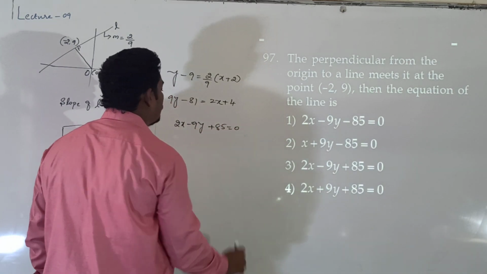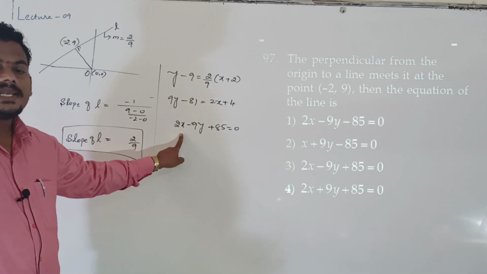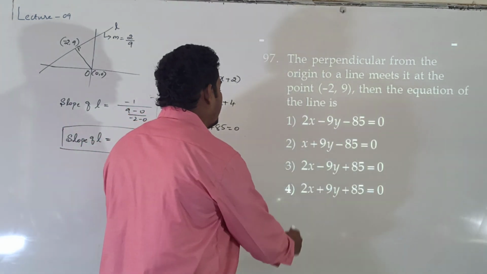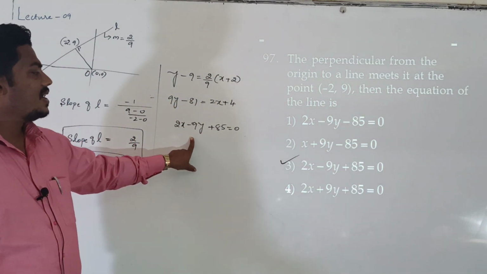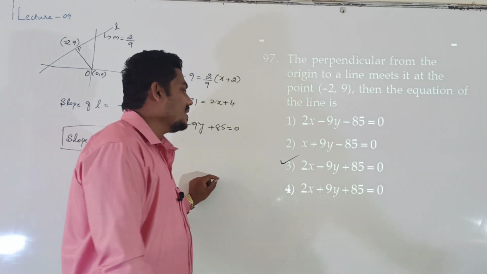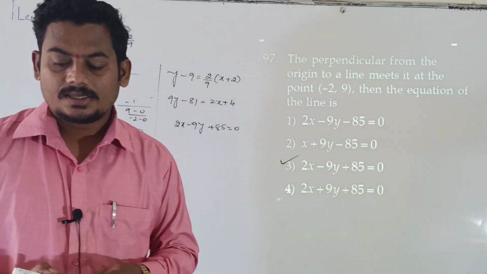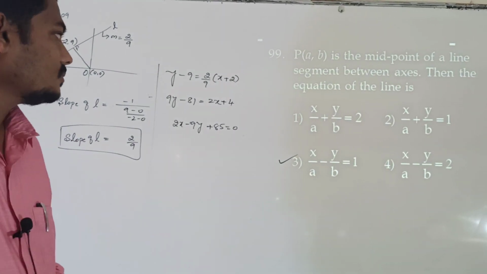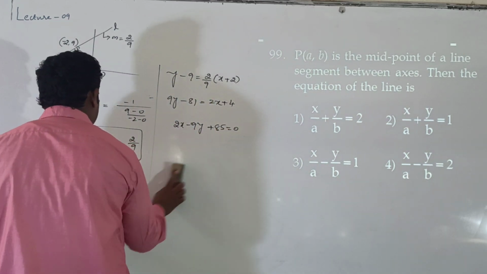That's equal to 0. Then the required equation is 2x minus 9y plus 85 equal to 0. That is the third option, right? Next question, question number 99.